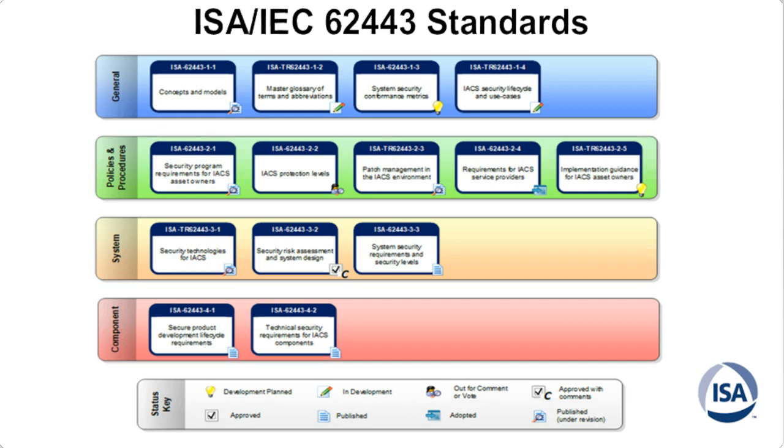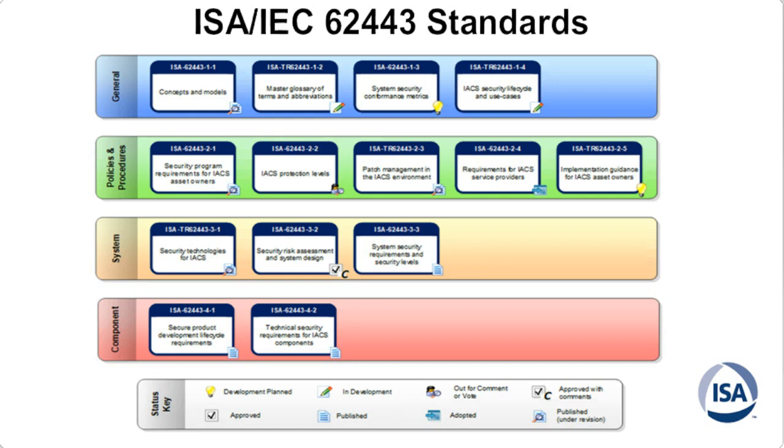The next level down is system level security. So I'll take a step back. So for owner operators, the metrics are oriented towards confirming that you're achieving your target level of security. So you can design your system, and there's 4 levels. If there's a level 3 that you want to achieve, you would use these standards as a basis for evaluating how well you're doing and providing guidance on getting you there.